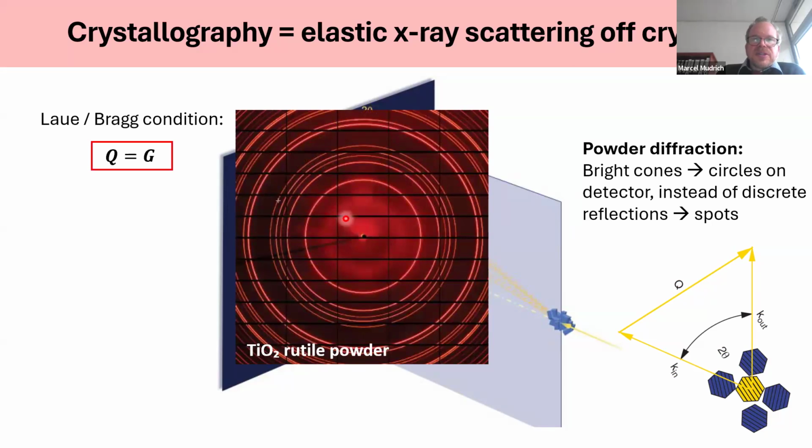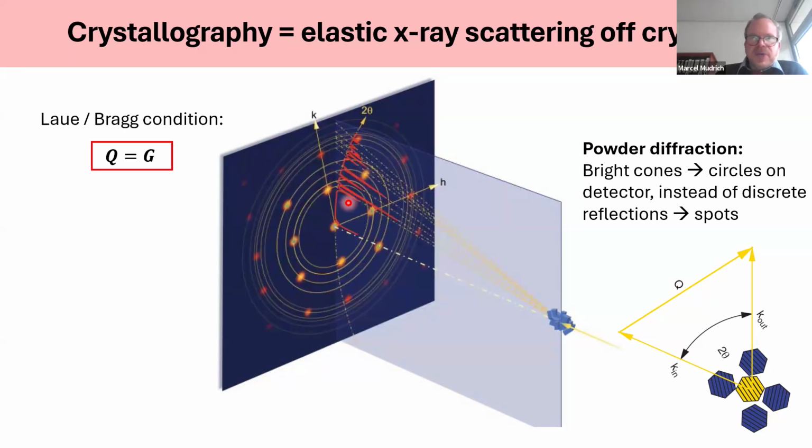These images are typically analyzed by integrating over angle, and then we get a one-dimensional intensity spectrum, just like shown here in red, which can be analyzed to, for example, learn about the composition: what does the basis of the crystal look like? Is it a single basis, meaning a monoatomic crystal, or does the basis consist of two or more atoms, like rock salt?